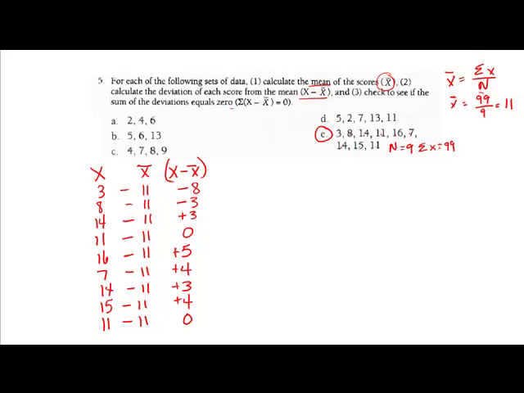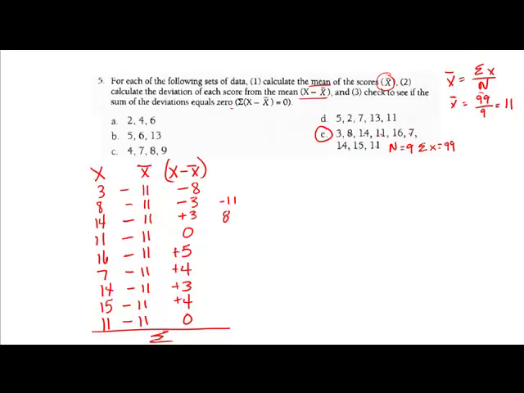Check to see if the sum of the deviations equals 0. I'm going to do this scrolling down. A negative 8 and a negative 3, that's a negative 11.